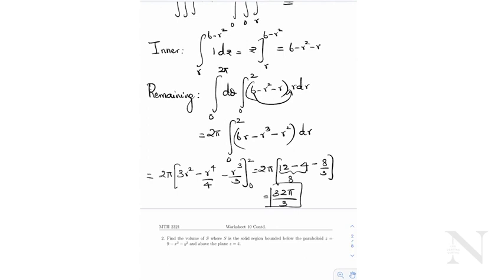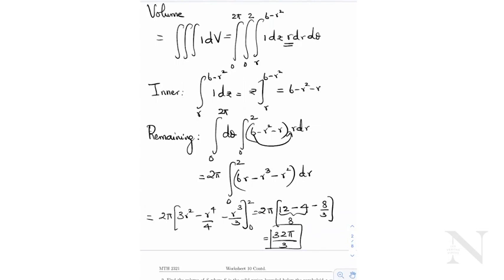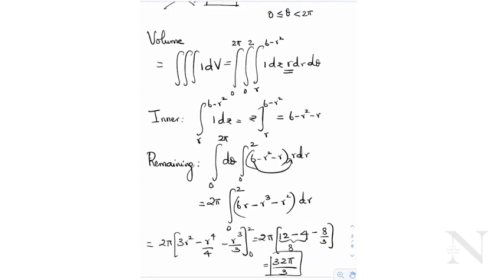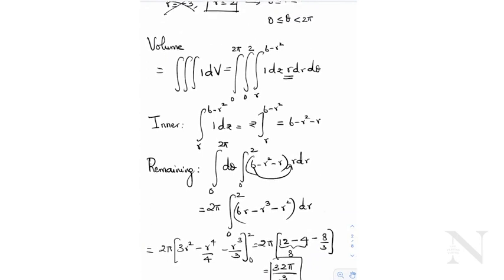Yep, that's 32 pi over 3. Try to minimize use of calculator in these kinds of situations. The answer looks much better in this form than bringing in 3.1415 and dividing it by 3. Just a suggestion. Okay, so any questions on the setup or the iterative process?